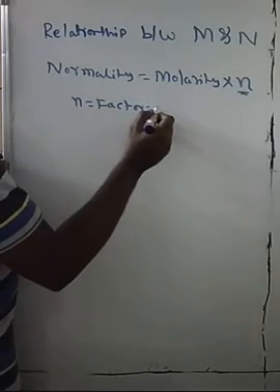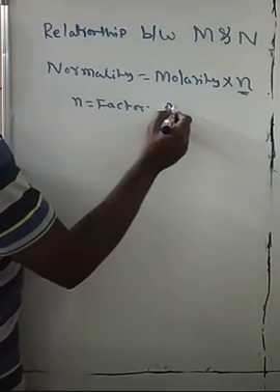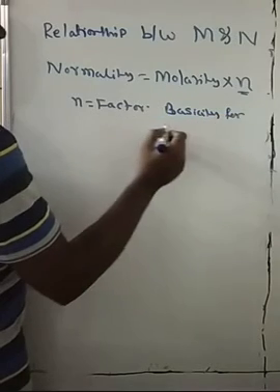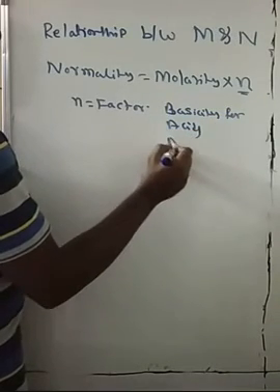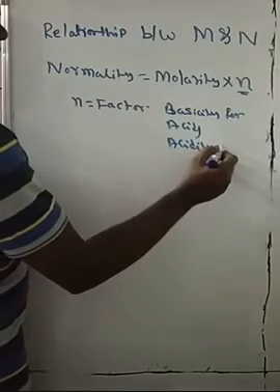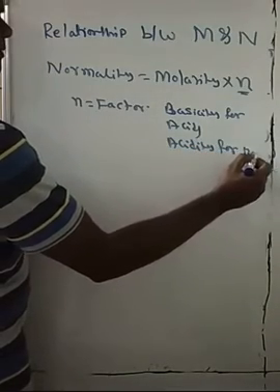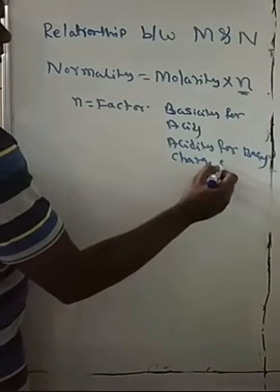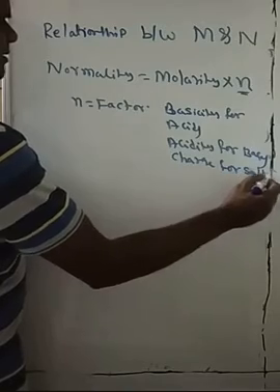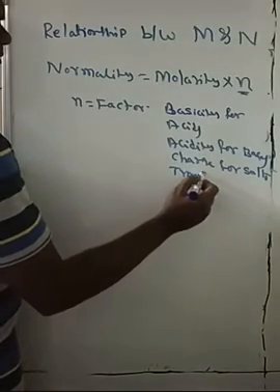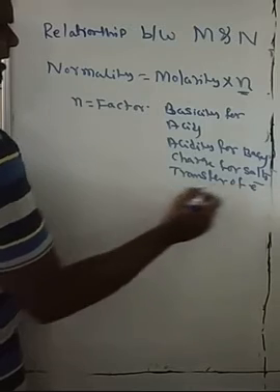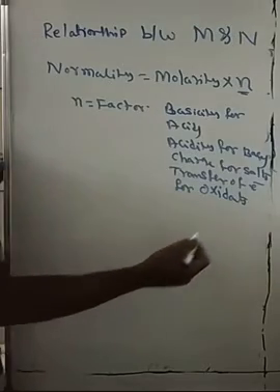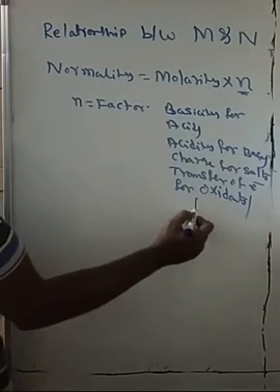Your N factor is equal to basicity for acids, acidity for bases, charge for salts, transfer of electrons for oxidants or reductants.